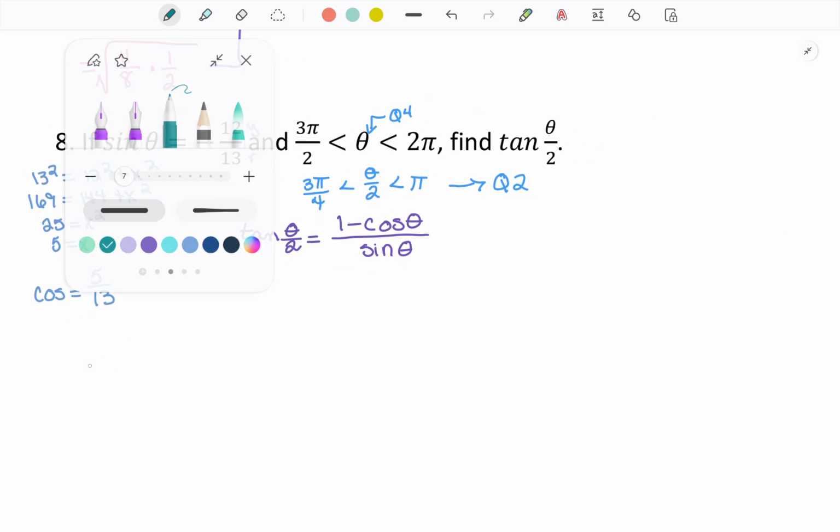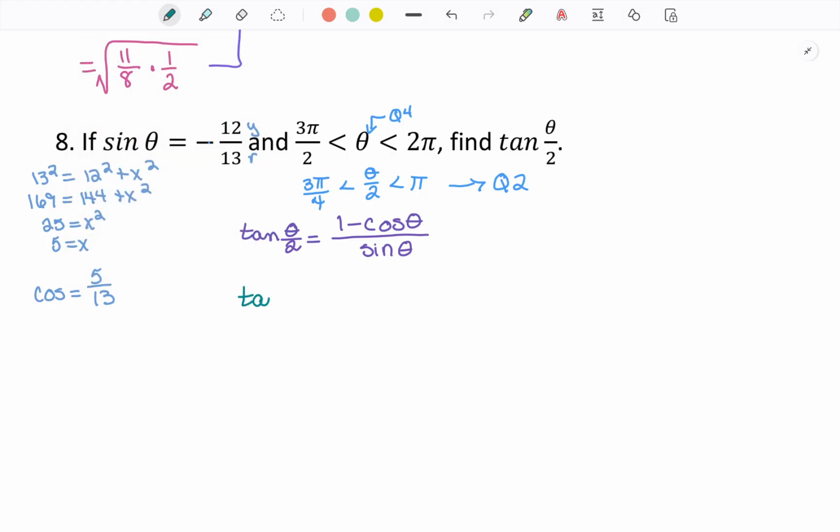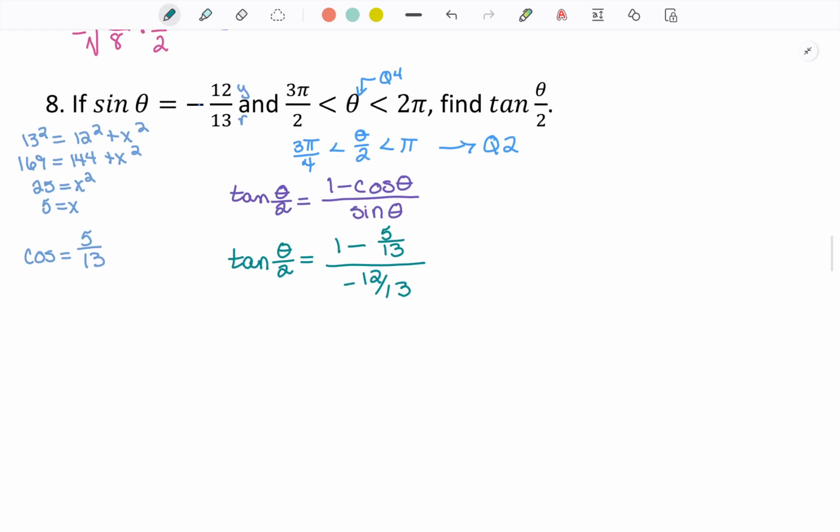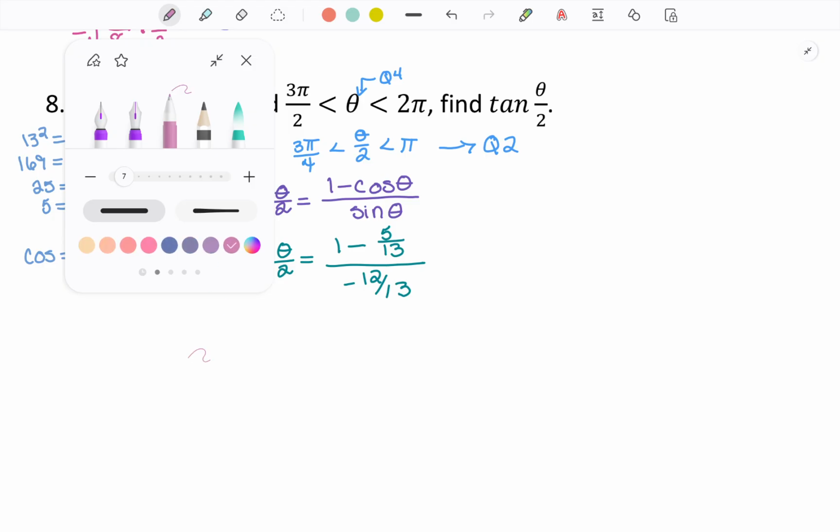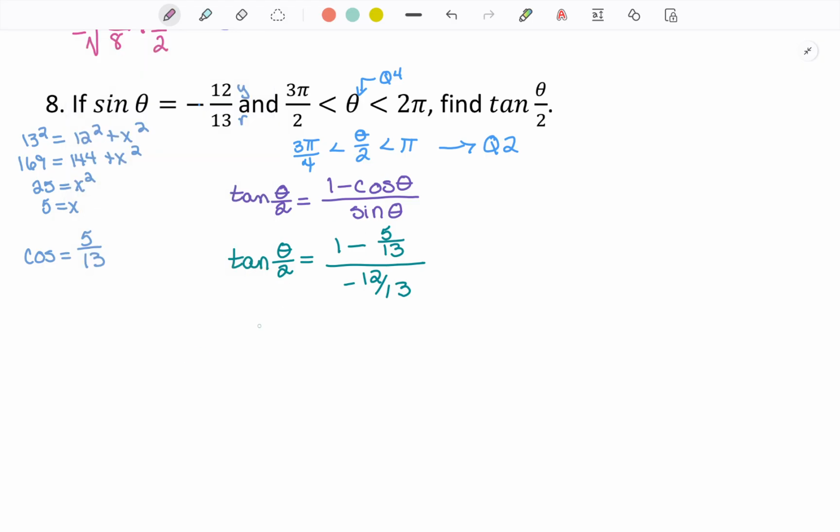And so when I plug this in, I'm going to have the tangent of theta over 2 equals 1 minus cosine theta, so that's 5 over 13, over sine theta, which is negative 12 over 13. And then we will go ahead and make that 1 into 13 over 13. So we've got 13 over 13 minus 5 over 13 over negative 12 over 13.